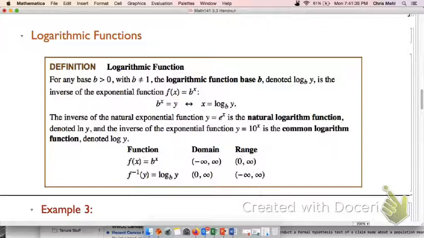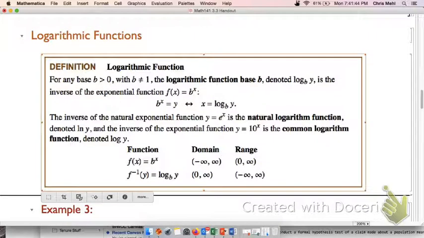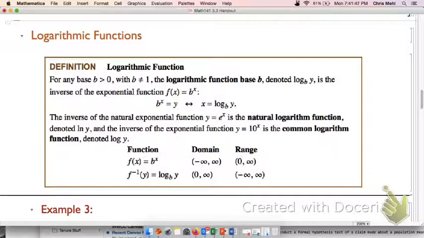The logarithmic function base b, denoted log base b of y, is the inverse of the exponential function f of x equals b to the x.